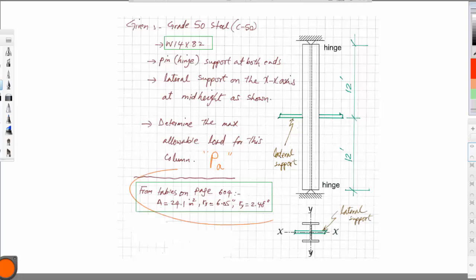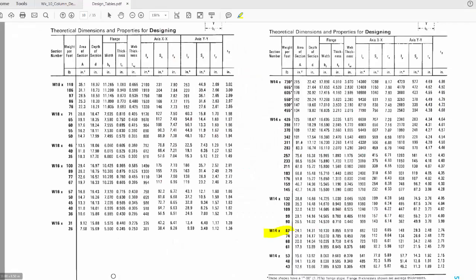Of course, we can get all of this information for the section from the table. The area is 24.1, Rx is 6.05, and RY is 2.48. I can do that by going to the table. So we go to the table. Here, this is W14 by 82.